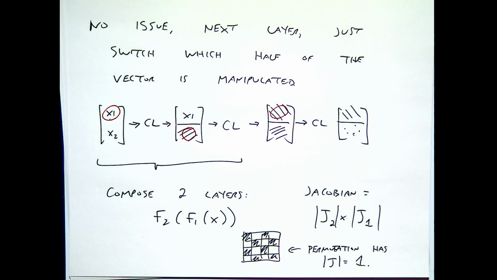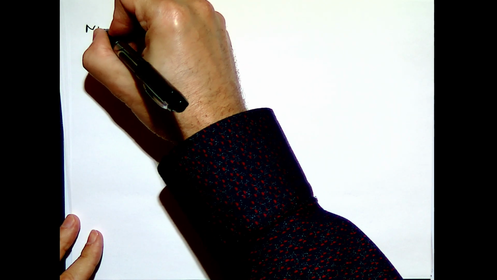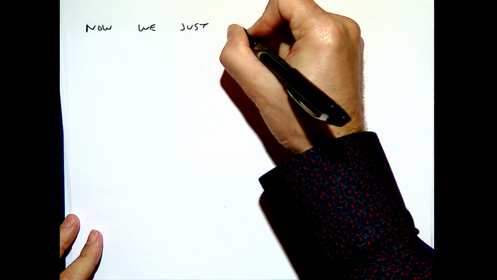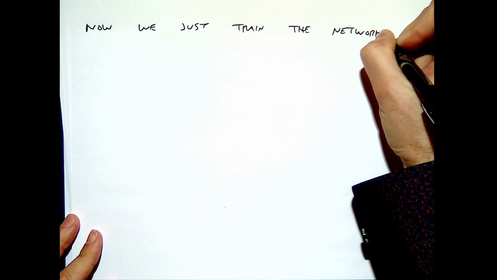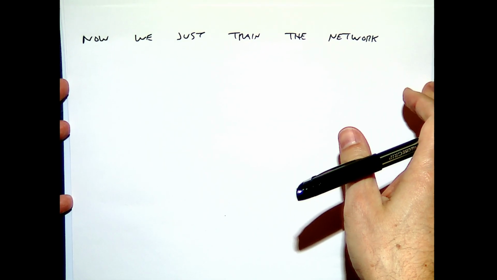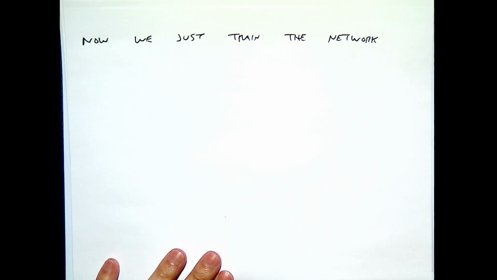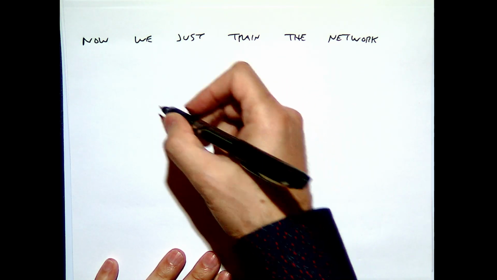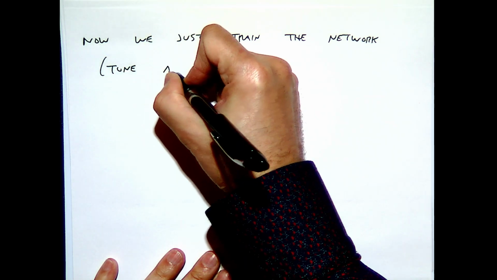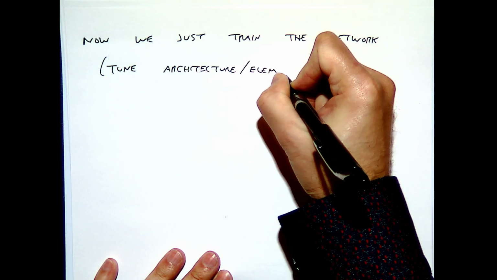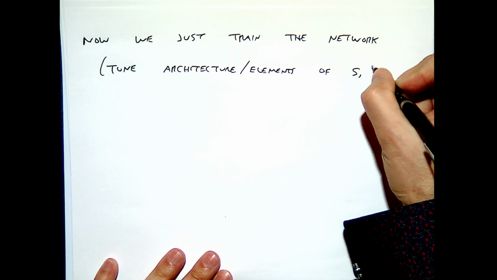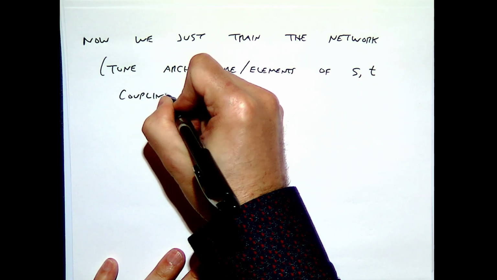So basically, now we just train the network. And what's happening in training is that I'm going to tune the architecture and the elements of the S and the T coupling layer networks.